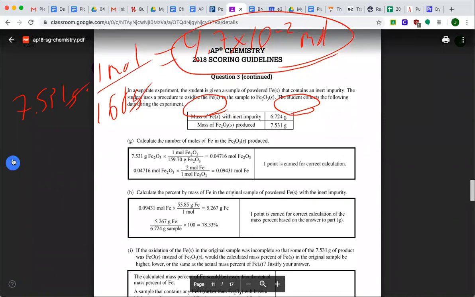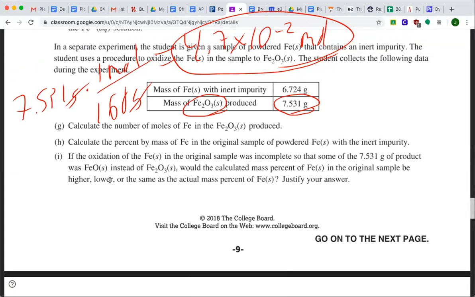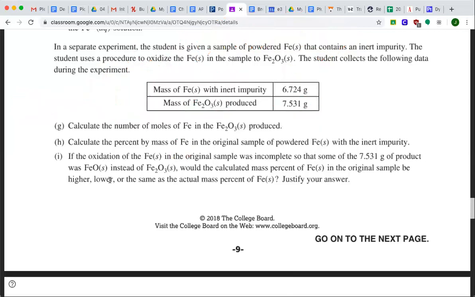Okay, that's great. And then calculate the percent by mass of iron in the original sample of powdered Fe with the inert impurity. Okay, so you started out with, let's see what that was again, 4.7 was it?